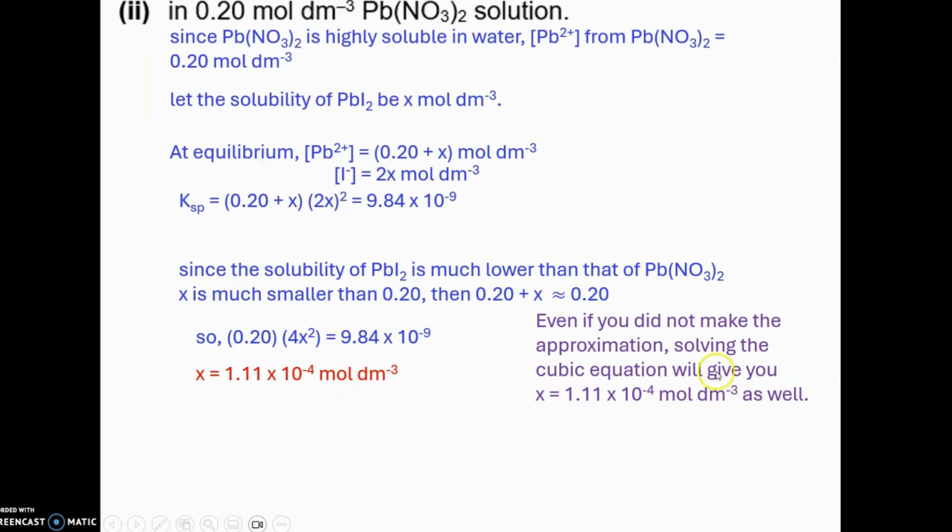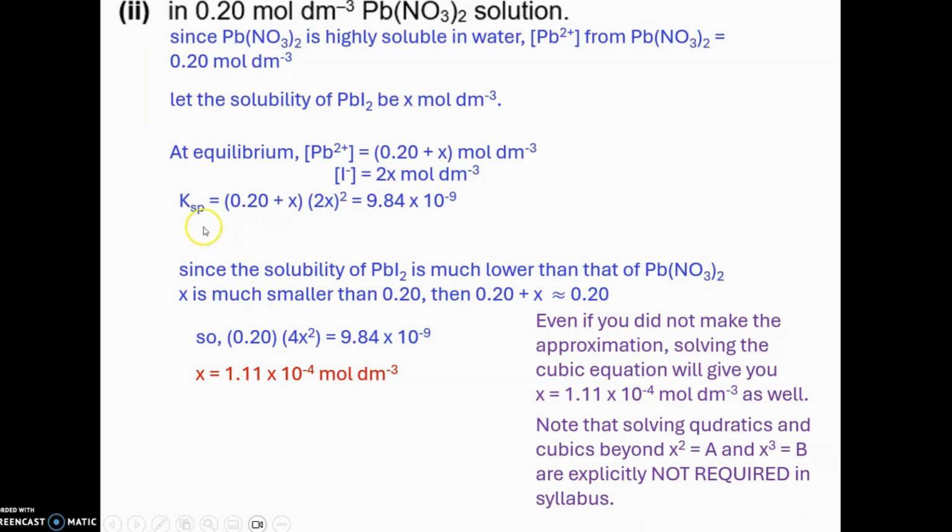And even if you didn't approximate, you solve the cubic equation, you will still get the same value of x, which proves that our initial approximation was valid. And you will notice that in 0.2 mole per dm cube lead-2 nitrate solution, the solubility of lead-2 iodide has been significantly decreased compared to in pure water.